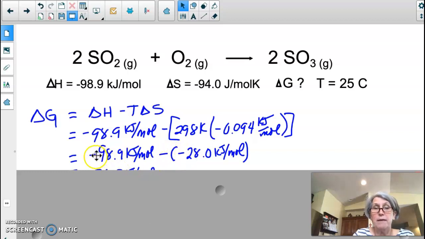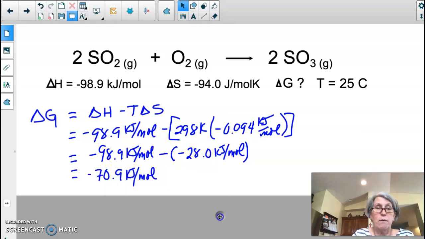So it's negative 98.9 plus 28.0, and that ends up giving me negative 70.9 kilojoules per mole, which is spontaneous because the delta G is negative.